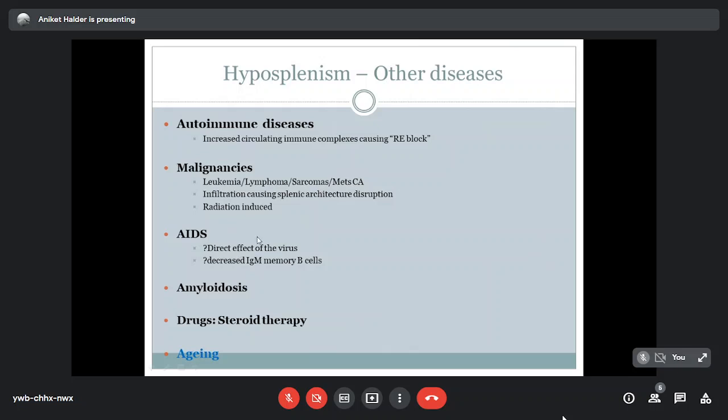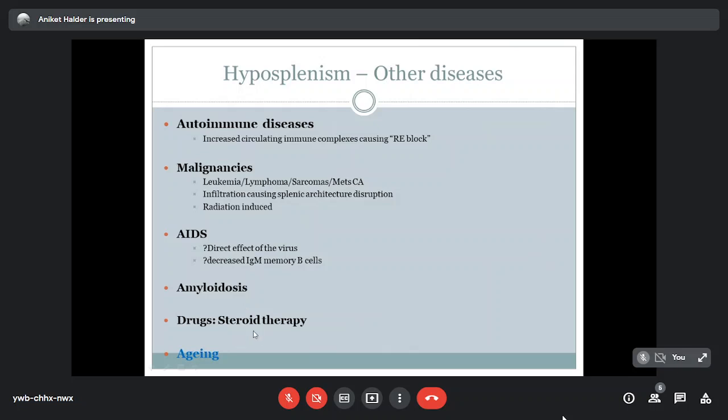In HIV, hyposplenism may be due to direct effect of the virus, or due to decreased IgM memory B cells. And in amyloidosis, as I had said, hyposplenism is due to deposition of amyloid in the spleen, disrupting the normal splenic architecture and hence splenic function.